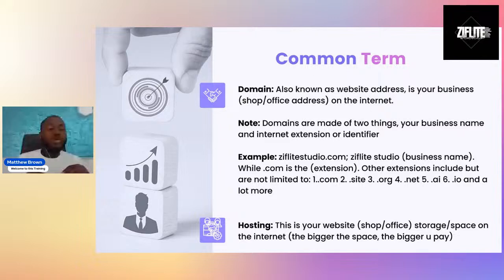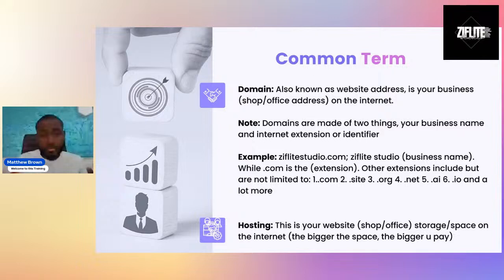It is also important that you take note of something. A business domain is made up of two major things. First, we have the business name, and second, we have the extension, or what we call an identifier. I'll give an example. Let's say we have a website called ziplightstudio.com. The business name there is Ziplight Studio.